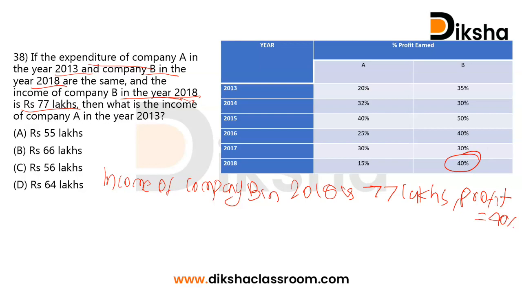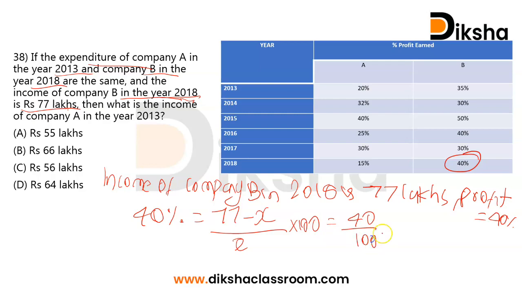Substituting in the equation profit percentage equals income minus expenditure by expenditure, we get 40% equal to 77 minus x by x into 100, where x is the expenditure.